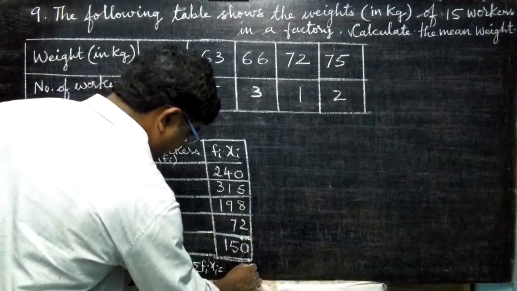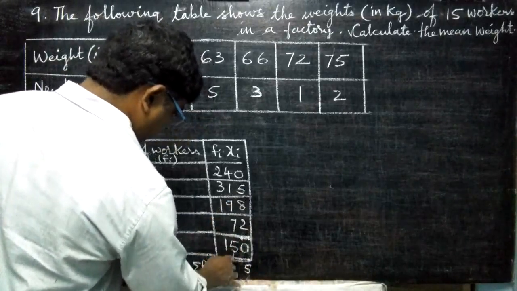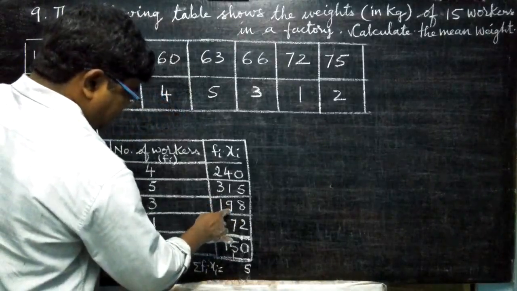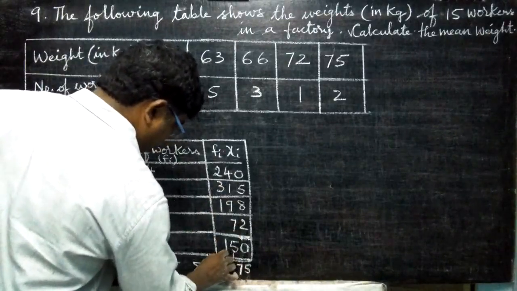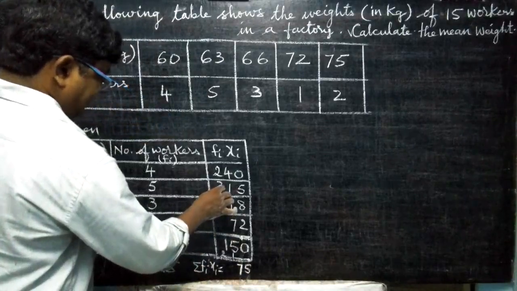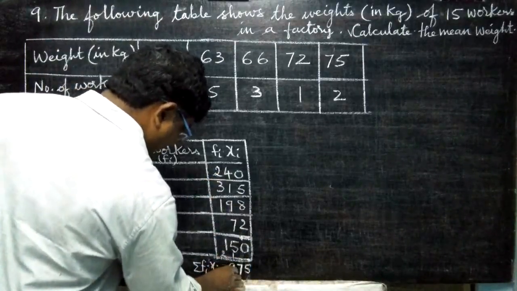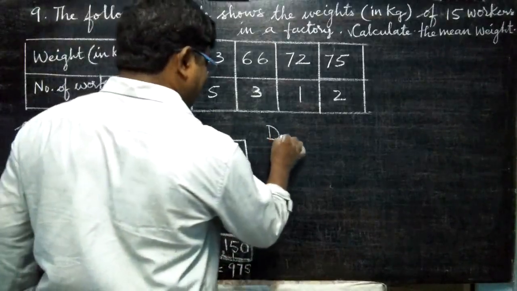Here 5. 1, 12, 13, 14 and 9 is 23, 27, 7, here 2, 3, 4, 4 plus 3, 7, 9. So how much you got? 975.